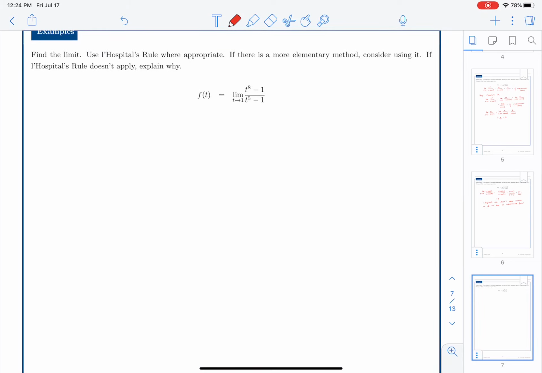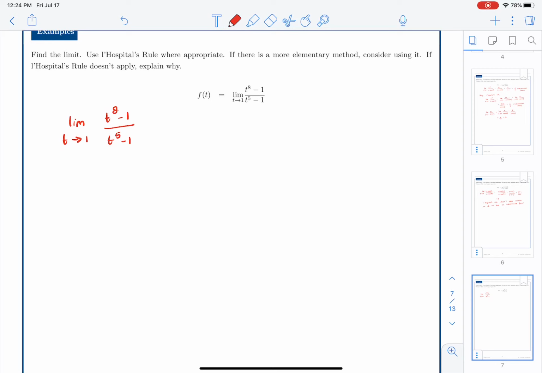So here we have an 8th degree polynomial and a 5th degree polynomial. Let's not even worry about an elementary method. Perhaps long division could help us, but it's not necessary because long division here is going to take a lot of time.